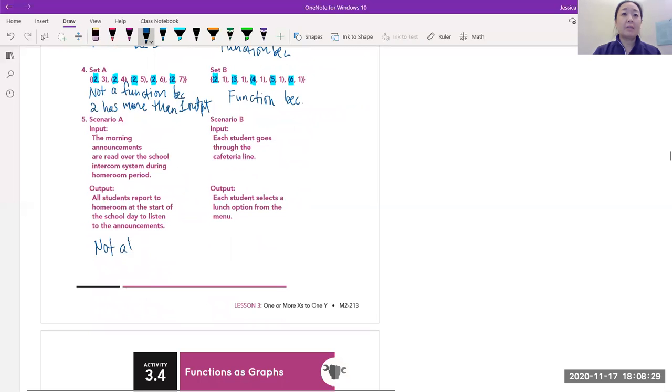And then this one right here: each student goes through the cafeteria line and each student selects a lunch option from the menu. One student, one lunch. So it's not one student, two different kinds of lunches, right? So that is definitely a function, assuming that nobody is doing that.